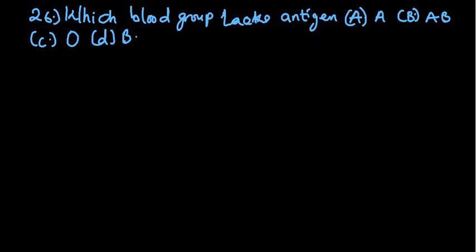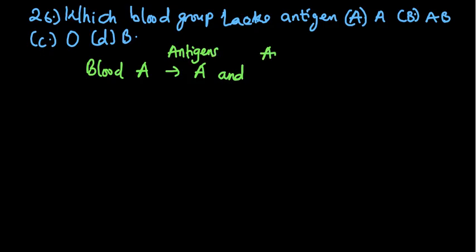Blood group A has an antigen of A and antibodies of B. Blood group B has antigen of B and antibodies of A. I hope you understand the logic.